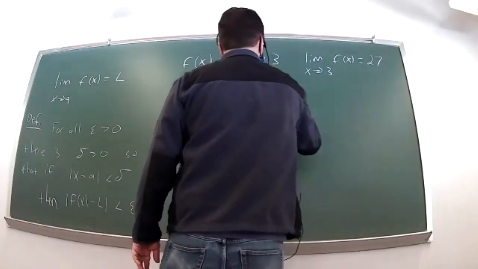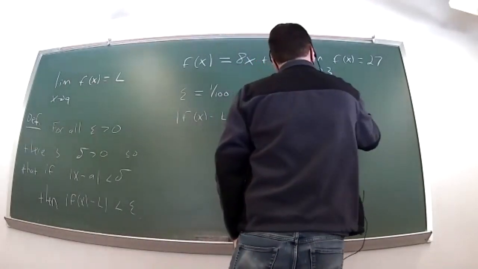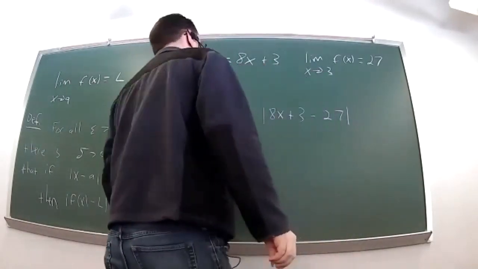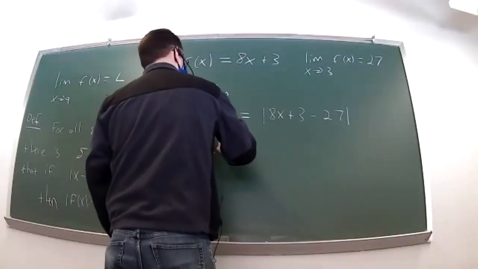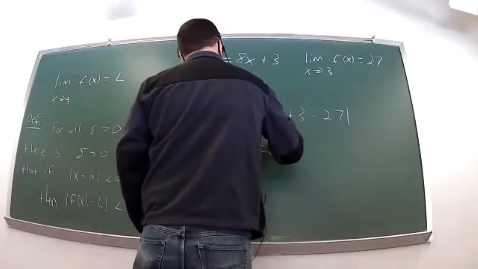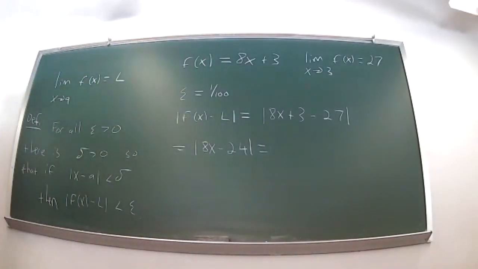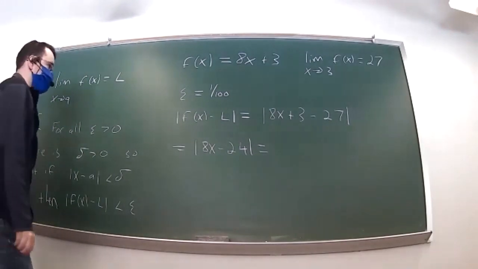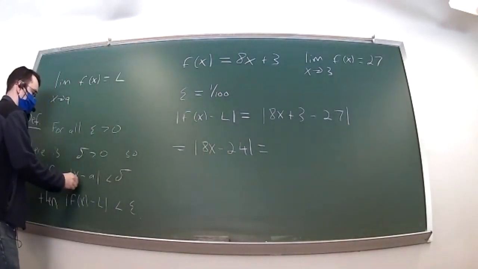Let's investigate that quantity. That's going to be the absolute value of 8x plus 3, that's f of x, and then minus L, subtracting 27. So this is going to be the absolute value of 8x minus 24. And the key that makes all of this work is you want to relate f of x minus L somehow to x minus a.